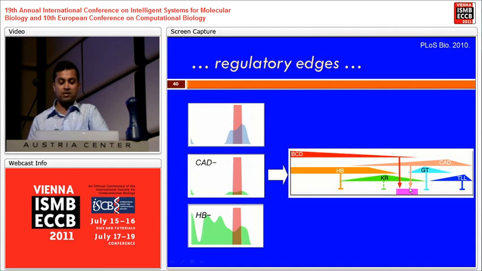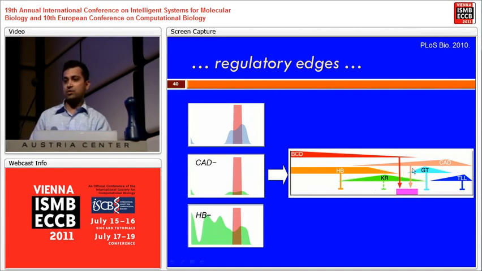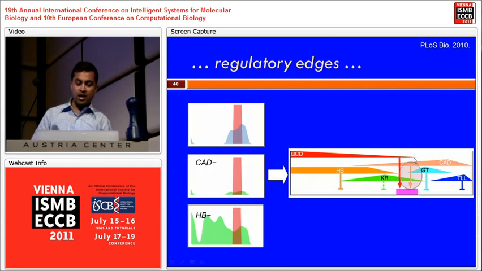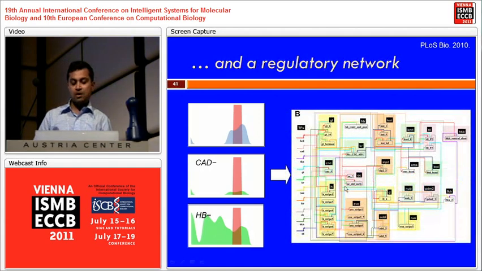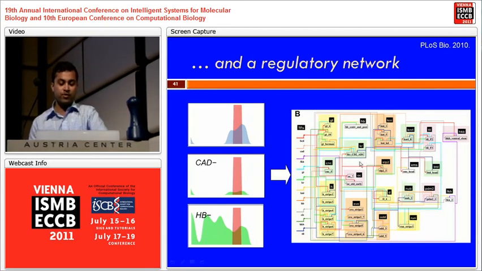So caudal is an activator, hunchback is a repressor in the anterior end, and so on for this CRM. And in turn, you'll get an entire gene regulatory network where edges represent interactions between individual transcription factors and the CRMs.